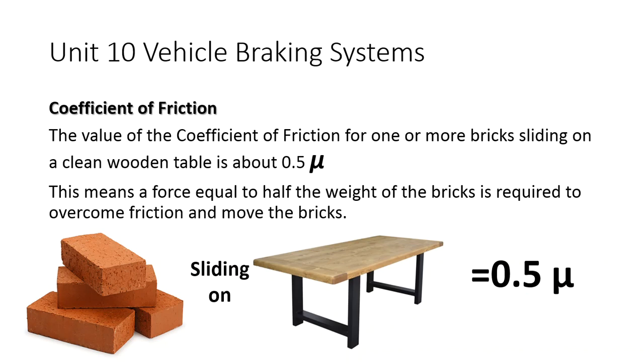If we double the weight of the brick, then we also double the force that we need to slide the brick along the table. So a 2 kilo brick is going to need a 1 kilo force to make it slide along the table. However, that still gives us the 0.5 mu. 0.5 mu is our constant. Our coefficient of friction is constant.